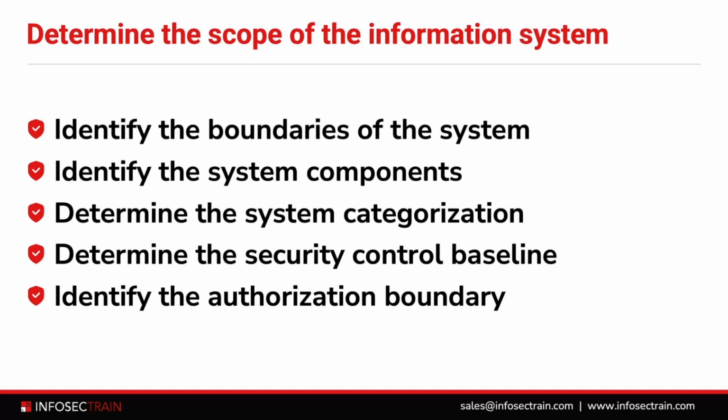And then finally we identify the authorization boundary. This involves defining the boundary within which the system operates, including any supporting infrastructure or services that are necessary for the system to function.